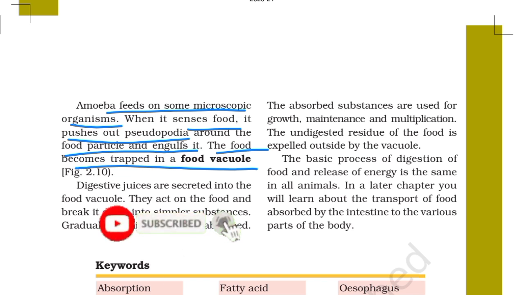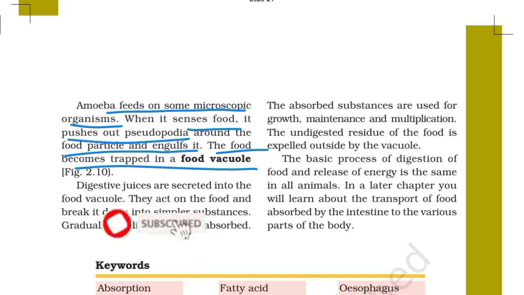After engulfing the food with the help of pseudopodia, it is trapped in the blue structures I showed you, the vesicles, the vacuoles. Those vacuoles trap the food from the pseudopodia.